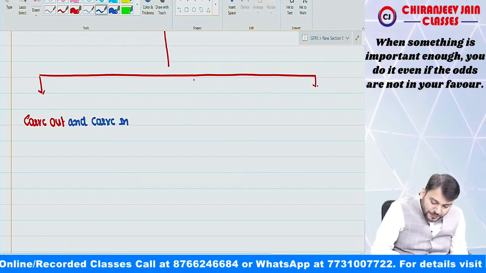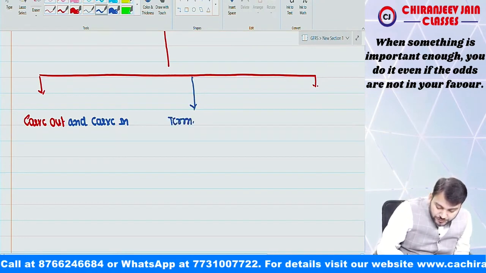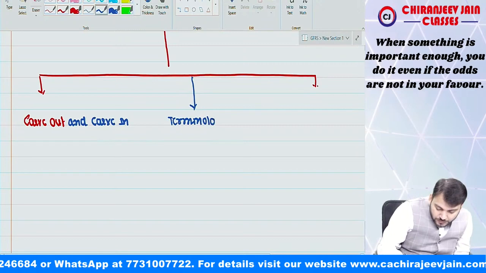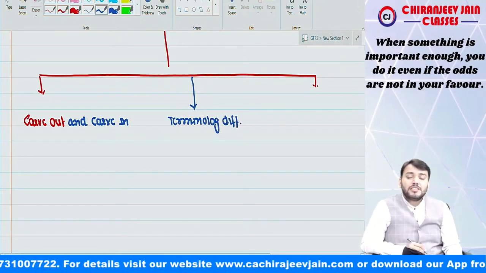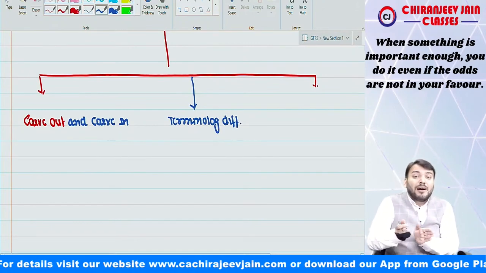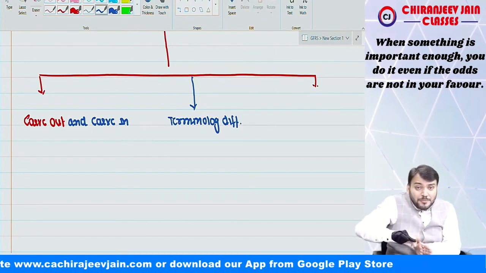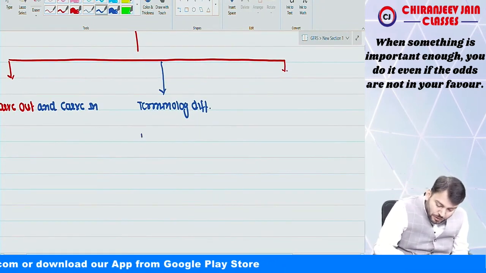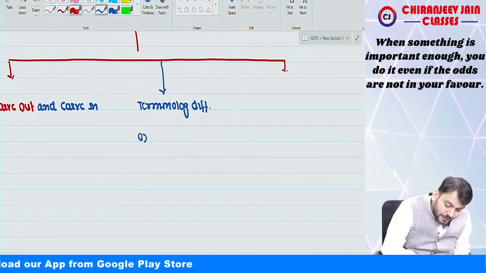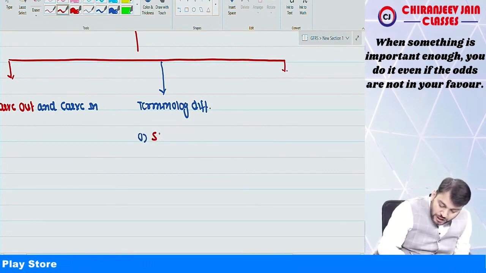Correct. Second difference is terminology difference. This terminology difference arises due to the Companies Act. Means there are many terms used under the Companies Act, so the terms have been changed as compared to IFRS. For example, in India we say statement of profit and loss.